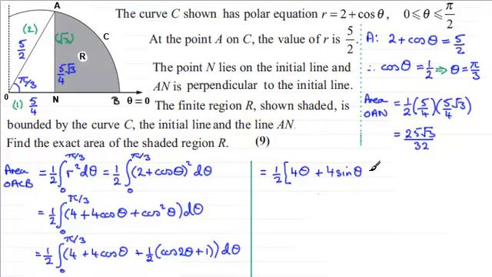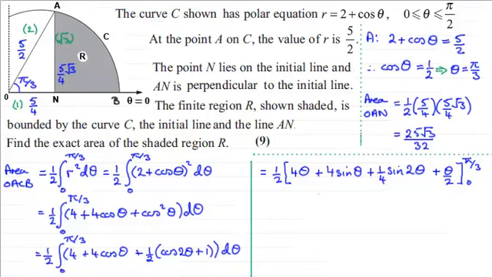If we integrate that, we end up with plus a quarter of sine 2 theta. And then we've also got half times 1, which is a half. And if we integrate that, we end up with plus theta over 2. And again, our limits are going from 0 to pi upon 3.